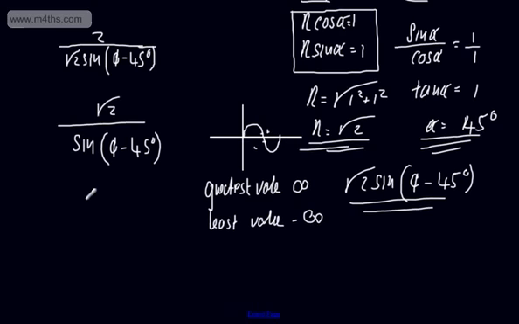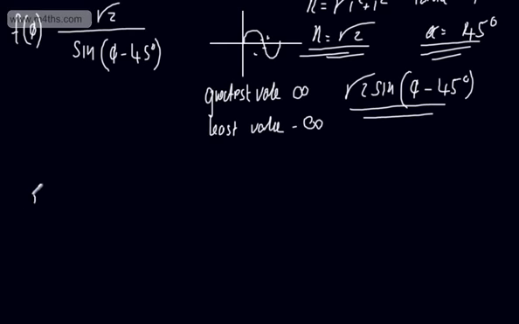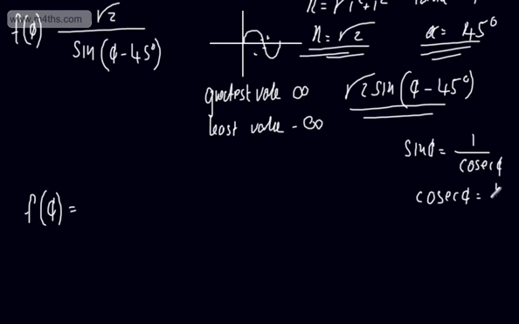If we were now told that this was f of theta, and we were asked to find the values of the maximum and minimum points, that differs in terms of the question. Let's rewrite this now. We can say that f of theta, using a trig identity, we know that sine theta is equal to 1 over cosec theta, or we could say that cosec theta is equal to 1 over sine theta.